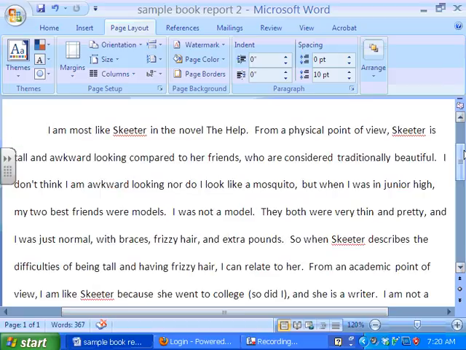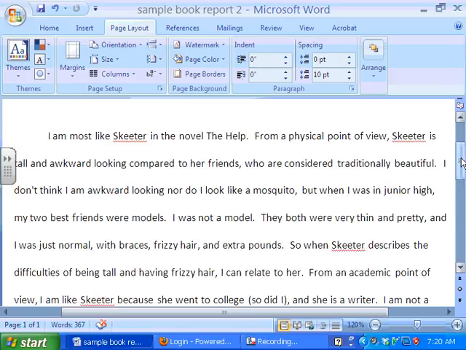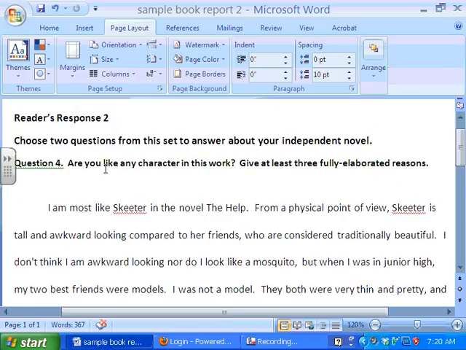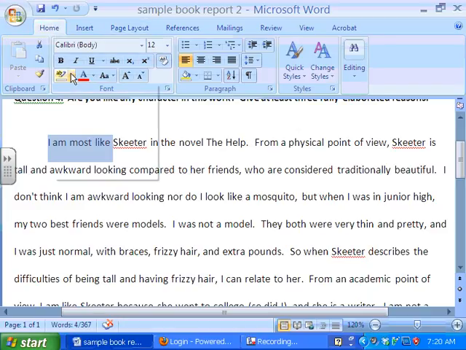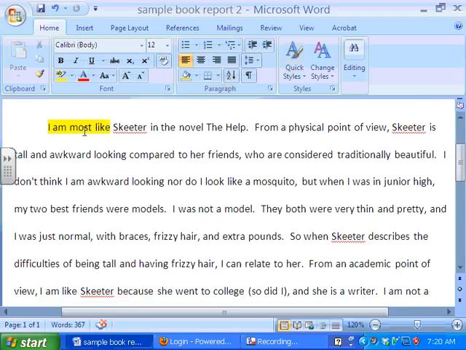Now, if you're doing your assignment and you pick this question, are you like any character in this work? One thing that you could think about is using a frame, or basically copying the format that I have given you and supplying your own details. So your topic sentence could say, I am most like, insert your own person, in the novel, insert your own novel.